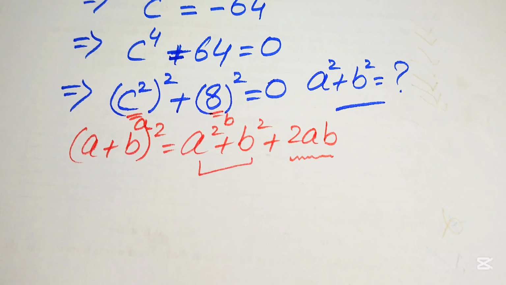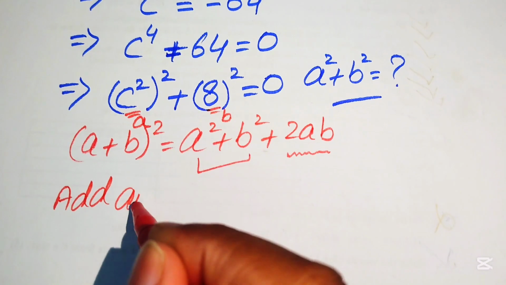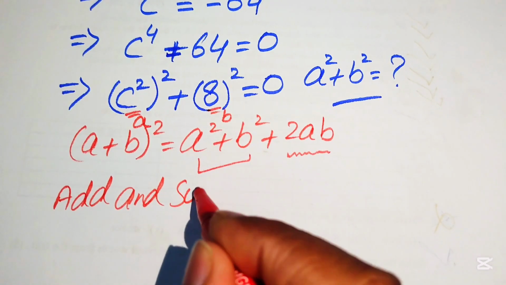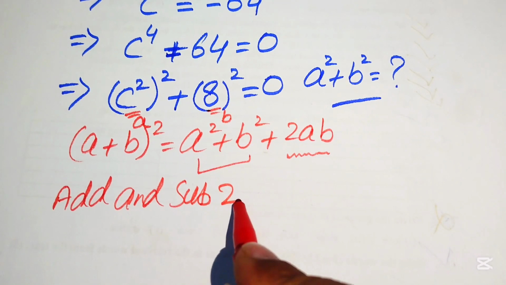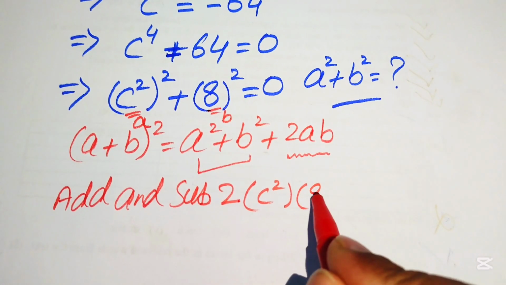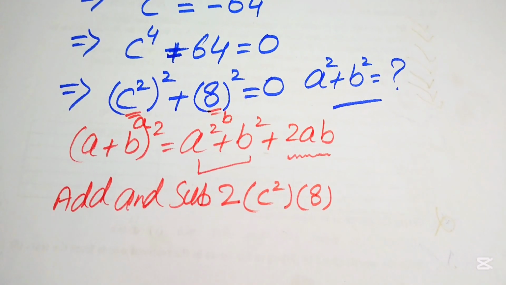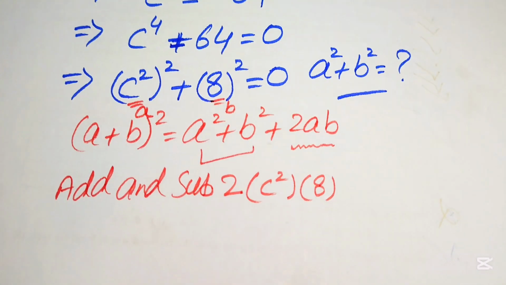In order to make this term, we just add and subtract 2 times a and b. Here our a is c square and b is 8. We add and subtract this term only on the left hand side of the above equation.